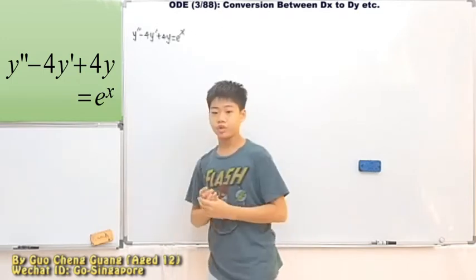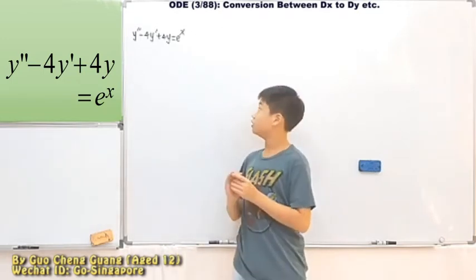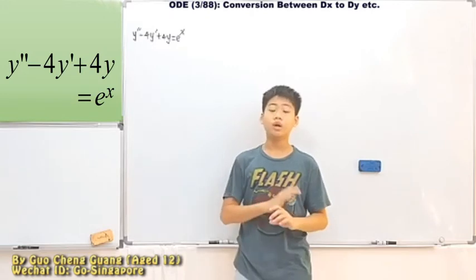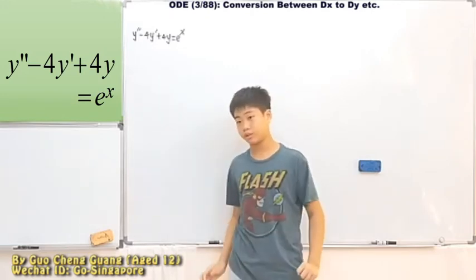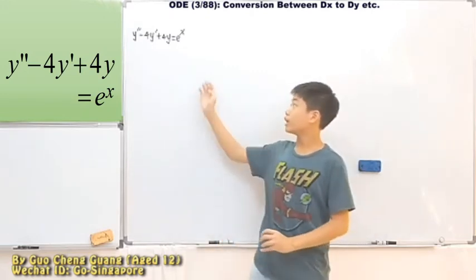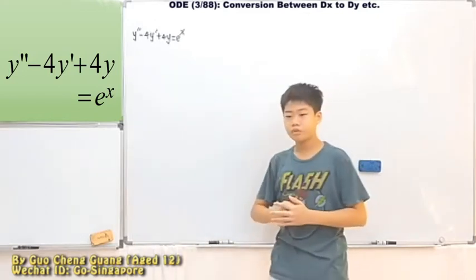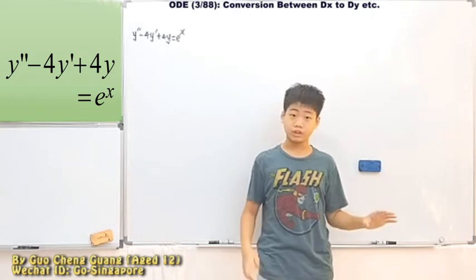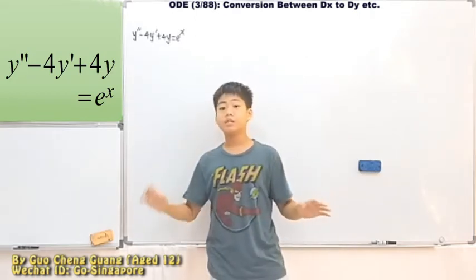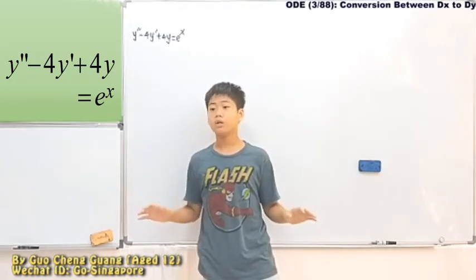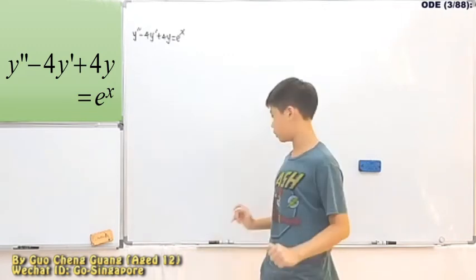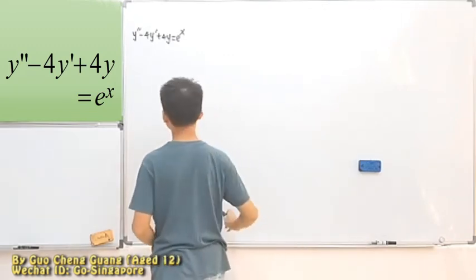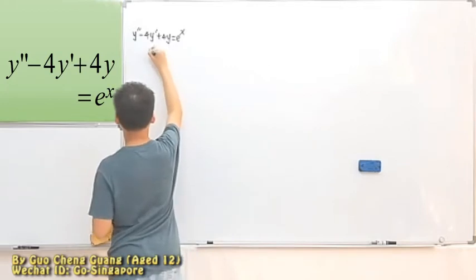So the method we use for this, since we are finding the general solution for the non-homogeneous differential equation, we can take it as the general solution for the homogeneous differential equation plus the particular solution for the non-homogeneous differential equation. Okay, so let's write that down.